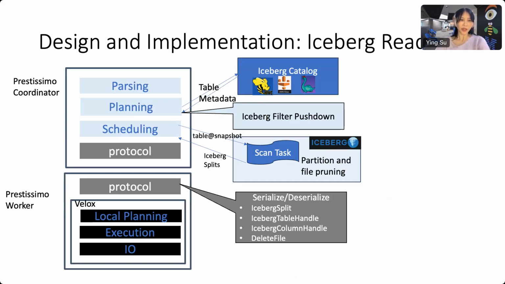For that, these splits and the related Iceberg objects will need to be serialized and deserialized by the Presto protocol. And then when the worker gets the Iceberg split, it will recognize that and send it to Velox for additional processing.